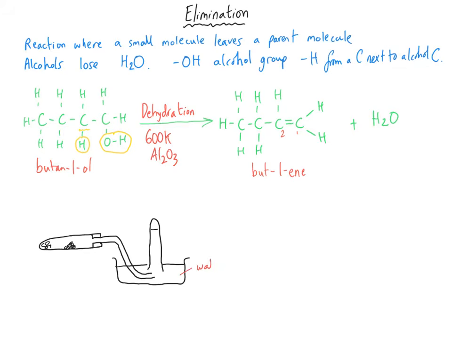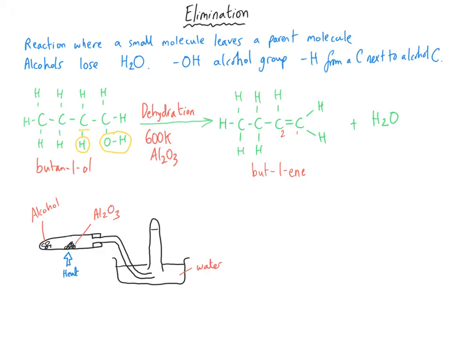You have a trough full of water with an upturned tube containing water, and then we've got a boiling tube on its side made of some more heat resistant material than regular glass. You have your aluminium oxide catalyst here, and you have got your alcohol at the end here soaked on some ceramic fibre.